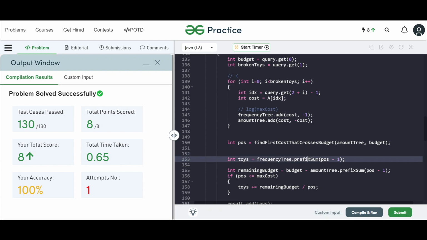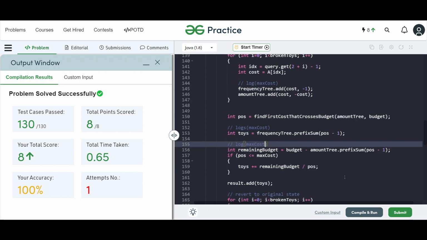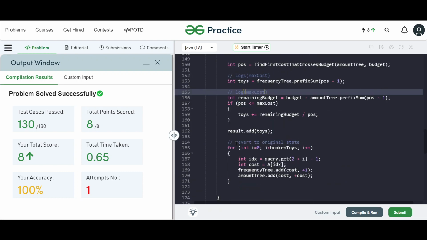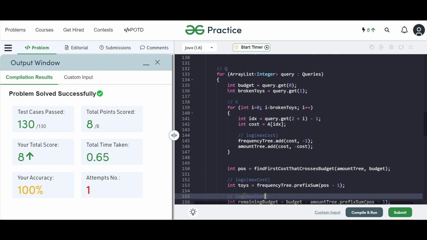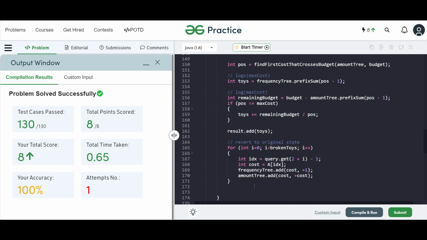Then we do this prefix sum, which is going to take log of max cost, and again we do the prefix sum, which costs log of max cost. Reverting back to the original state is the same as this, two times this, so I'm not going to count it again.